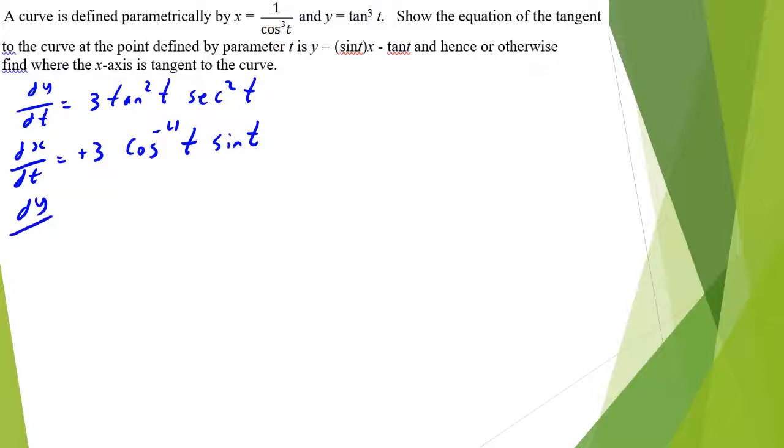Now dy over dx is just that one divided by that. So I'll rewrite it in terms of sine and cosine, just to try to simplify.